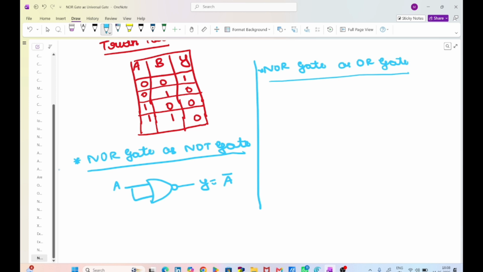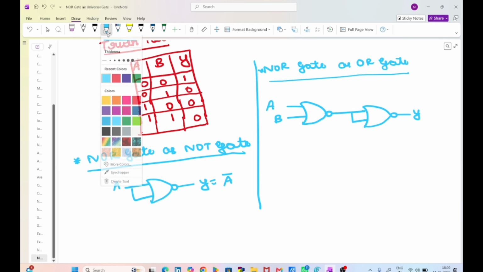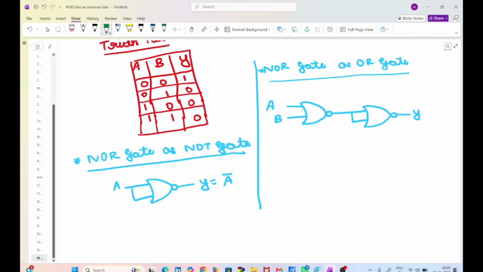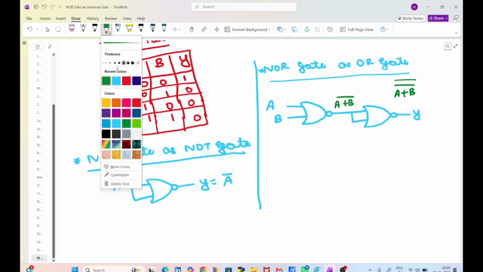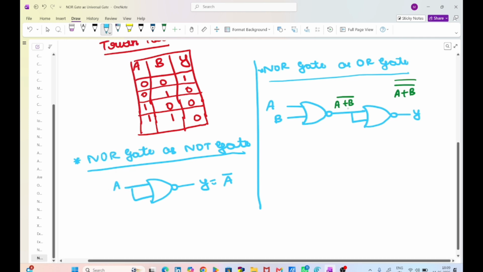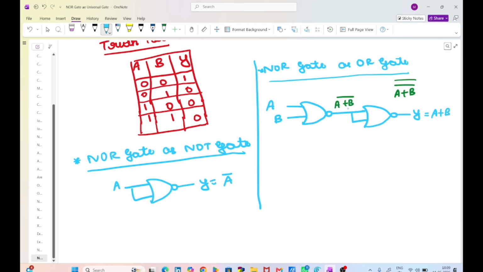First write the NOR gate with inputs A, B, and then simply put the inverter, that means the NOT gate, to get Y. Here the output will be A plus B whole bar, and then here it will become A plus B whole bar, whole bar, which is A plus B. Y equal to A plus B. I hope you understand how we implement the OR gate using the NOR gate.